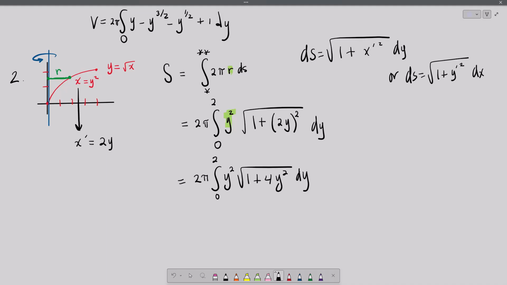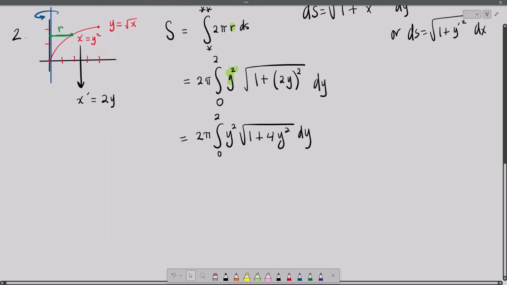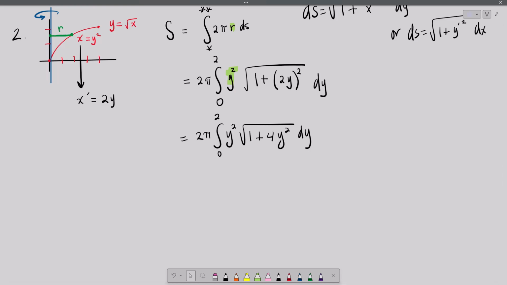Is there any piece of the setup that you are not sure about? Let's take a secondary look at this. This one ended up being a dy just like the other one. Let's do this around the x-axis also, just to see how the setup changes.